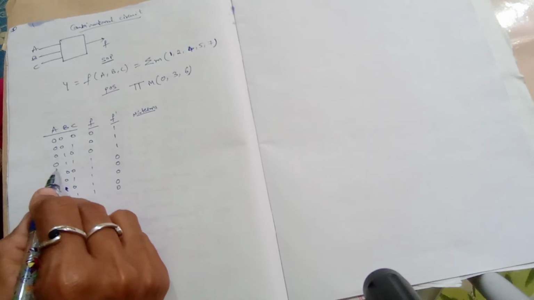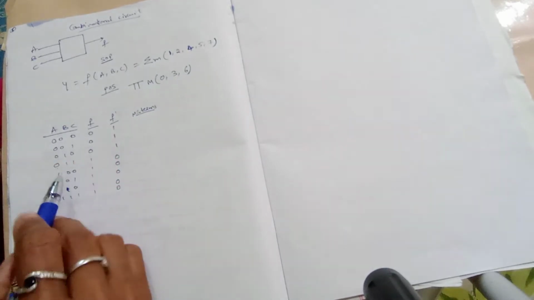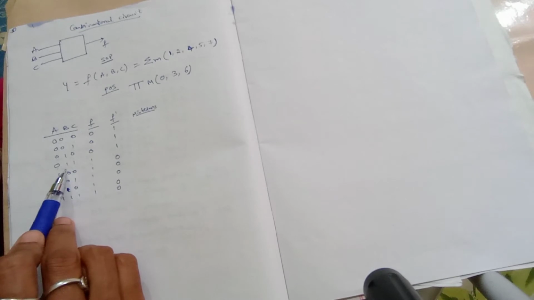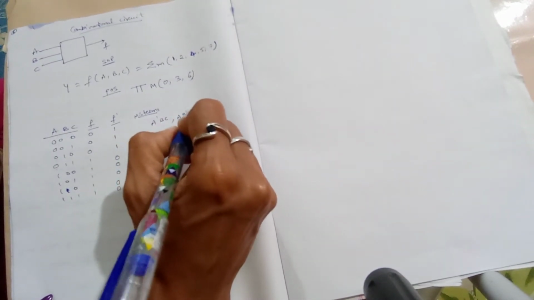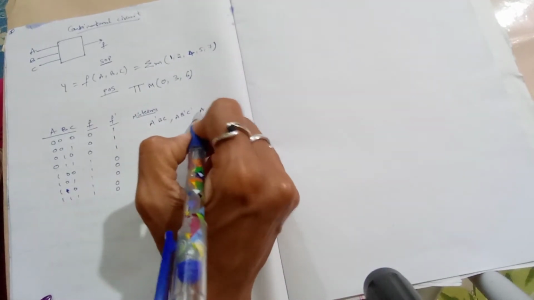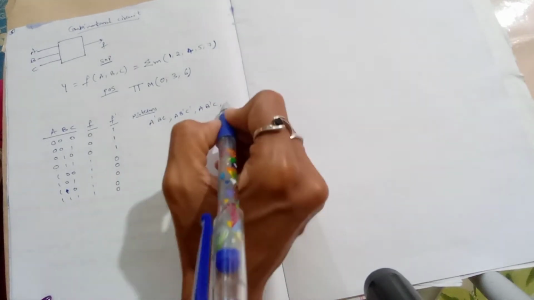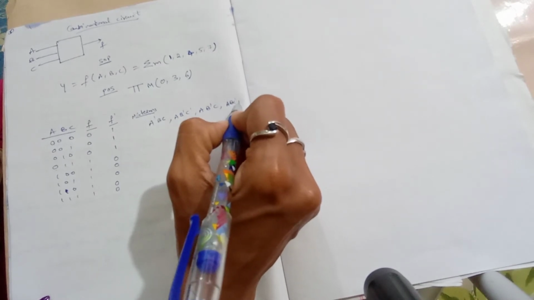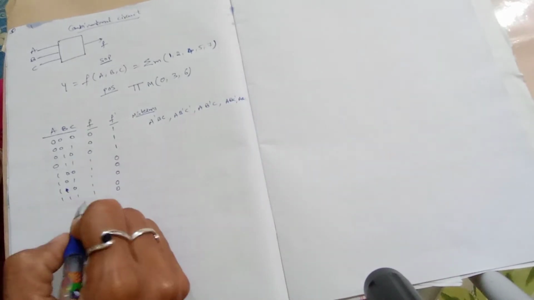So we can write this min term as A bar B C, because A value is 0, B 1, C 1. So it is written as A bar B C, comma, next one A B bar C bar, next A B bar C, next one A B C bar, and last A B C. These are all the min terms.